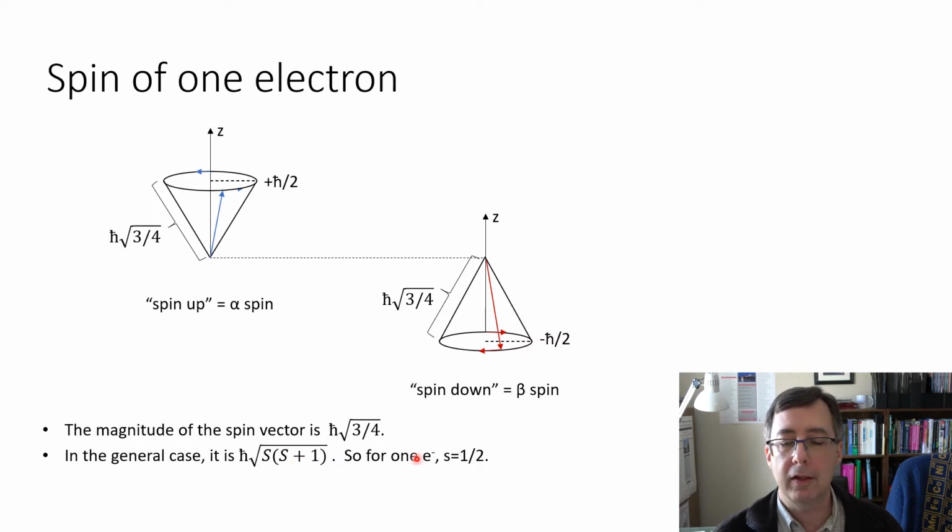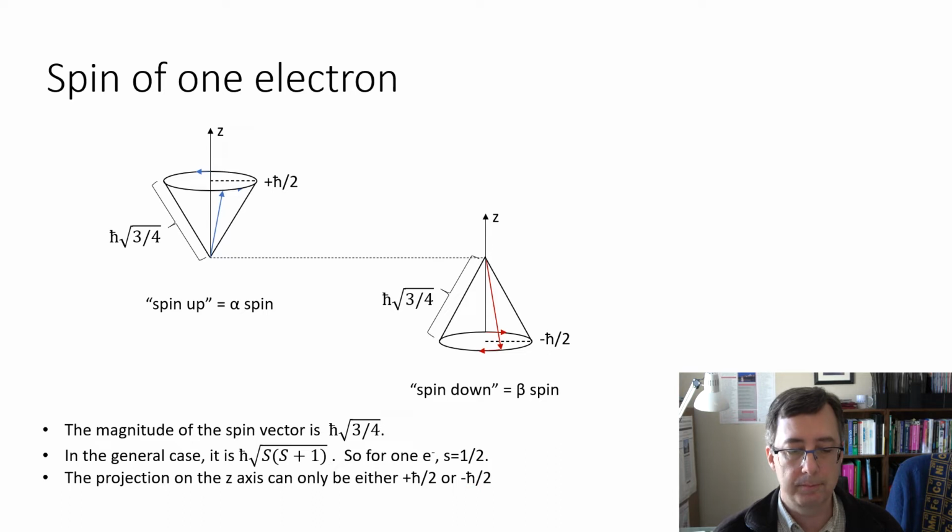And for a single electron, it's always exactly s equals a half. And that's why I plugged in s equals a half, got a half times a half plus 1, so that's a half times 3 halves, which is 3/4, and that's inside the square root sign. So that's why I know the length of this vector. Whether it's spin up or spin down, same length. And the projection can either be plus or minus h bar over 2.